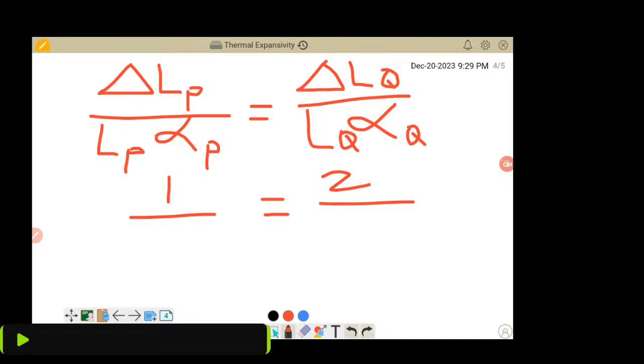The ratio of LP to LQ is what we are looking for, so just put LP and LQ there. And the ratio of alpha P to alpha Q is 3:5, so let's insert their values: here we have 3 and here we have 5. Okay, let's see how we can play around with this.